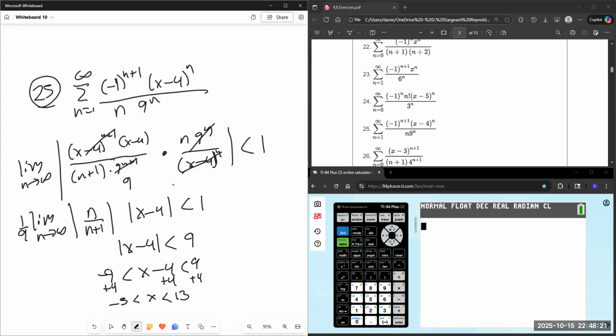This is going to be negative 9, and plus 1 times a negative 1 to the n times 9 to the n over n times 9 to the n will be summation n equals 1 to infinity.